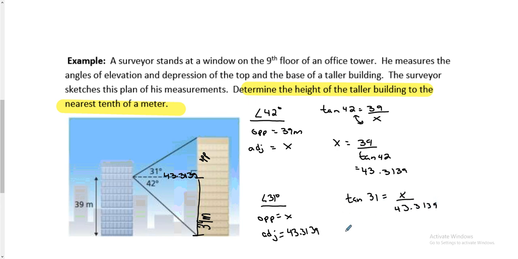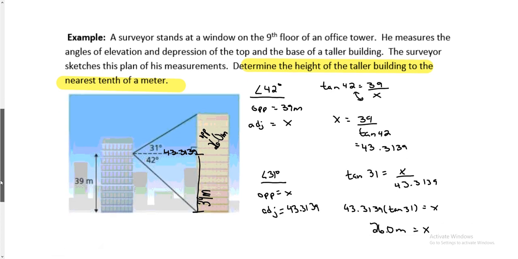We're going to cross multiply, so this will be 43.3139 times tan 31 is equal to x. If you left that value in your calculator, just hit multiply. Tan 31, this will be really precise, and we'll get 26.0 meters is equal to x. So that tells us right here.